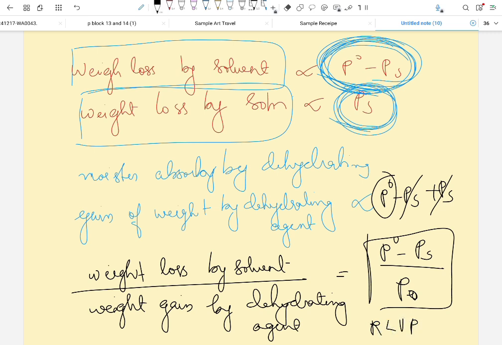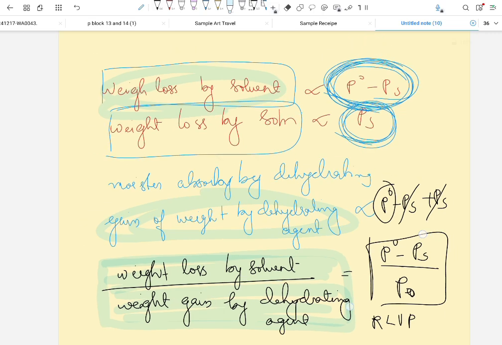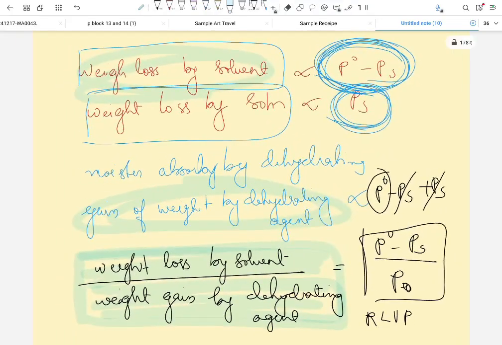So relative lowering in vapor pressure can be calculated by taking the ratio of weight loss by solvent and weight gain by the dehydrating agent. This is what we call the Ostwald Walker method. I hope you understand. Thank you.